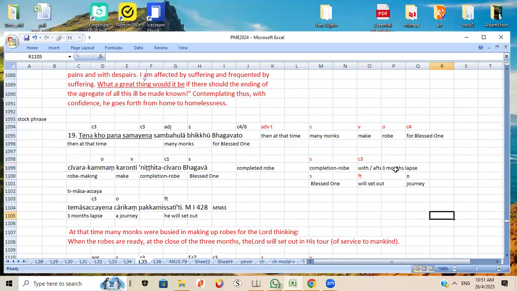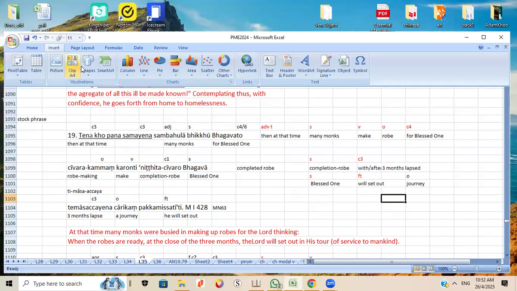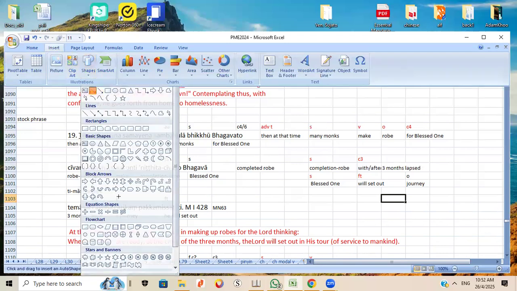We say after three months left; with three months left actually sounds a bit better. After three months left, this has to be past tense. Three months left, should be past tense. Okay, up to here. This is a new line, even though they are on one line.